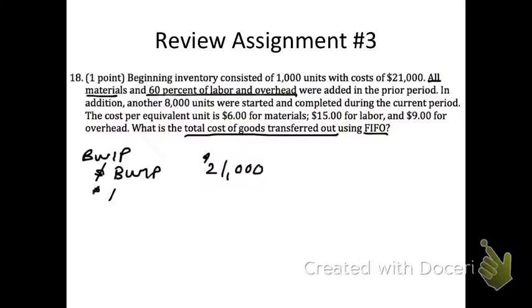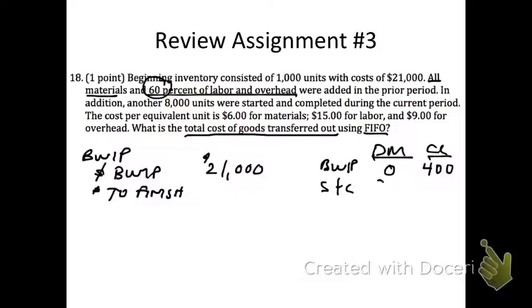But I have cost to finish those units. So I need to know what it's required to finish those units. So if you look at your equivalent units for materials and conversion for those beginning work in process units, if all my materials have been added under FIFO, none of those 1,000 units will have materials added this period. But for conversion, I'm 60% complete, which means that I have 40% remaining on those 1,000 units.